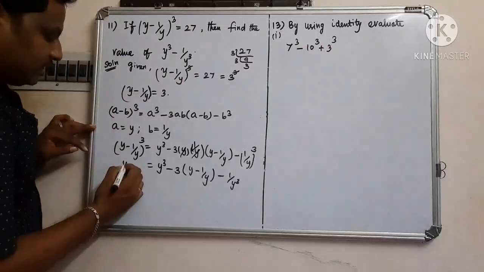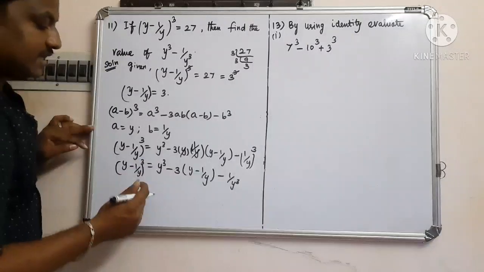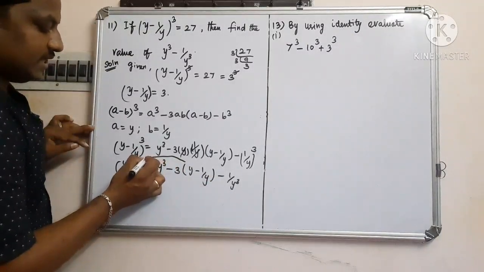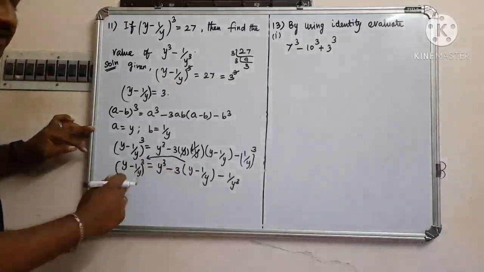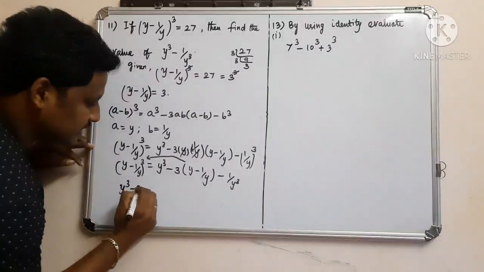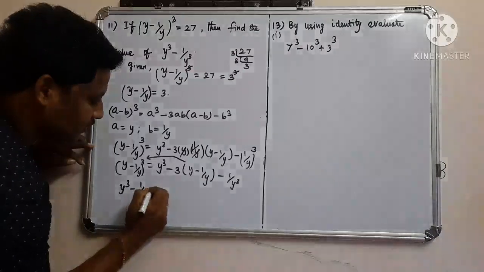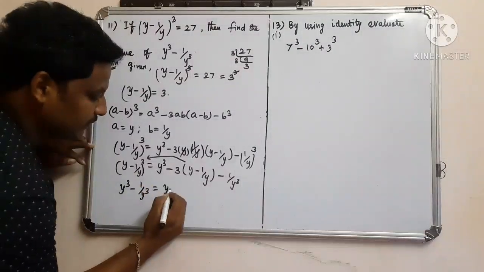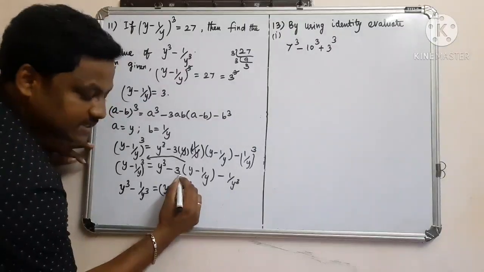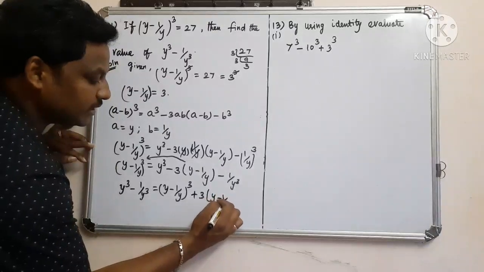Now we have to find out the value of y cube minus 1 by y cube only. So minus 3 into (y minus 1 by y) will change into plus. So y cube minus 1 by y cube is equal to (y minus 1 by y) the whole cube, plus 3 into (y minus 1 by y).